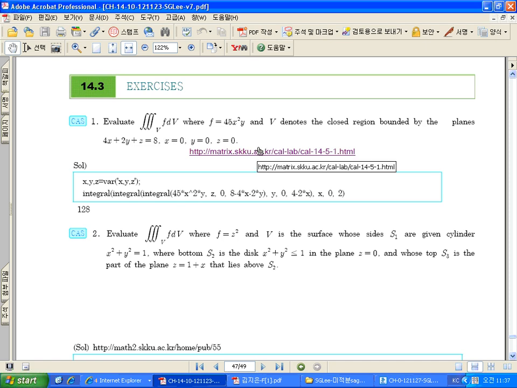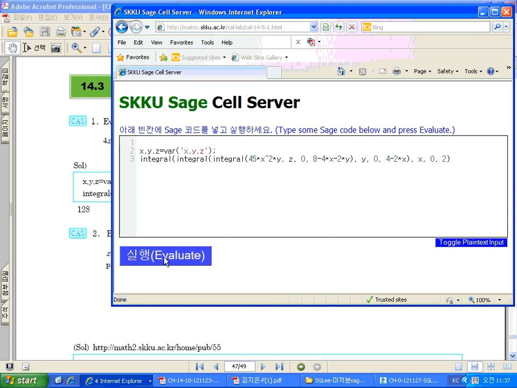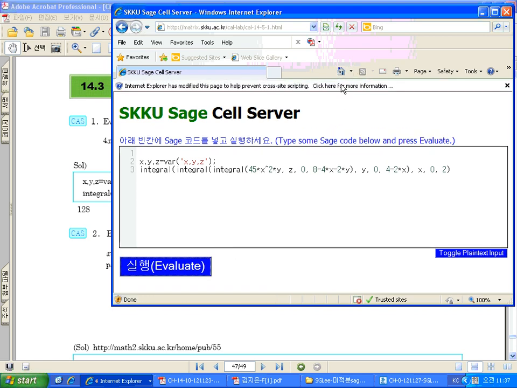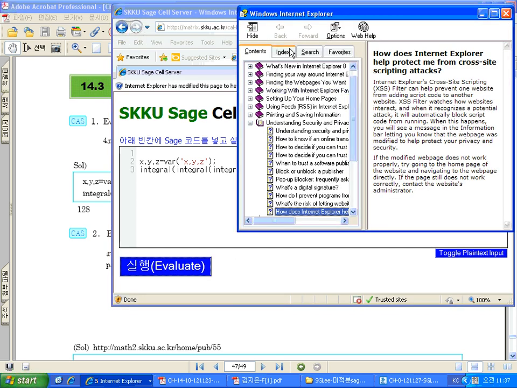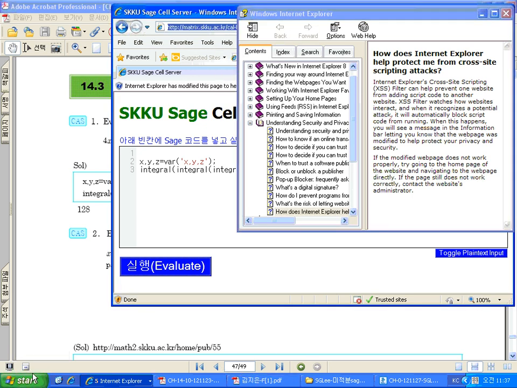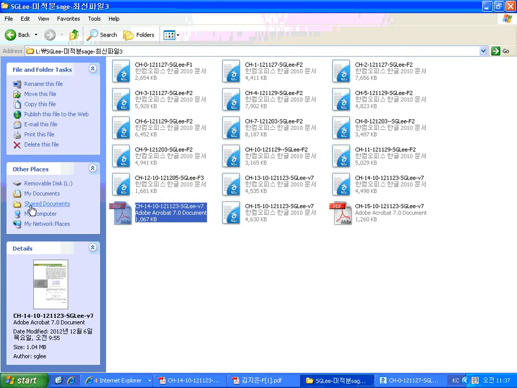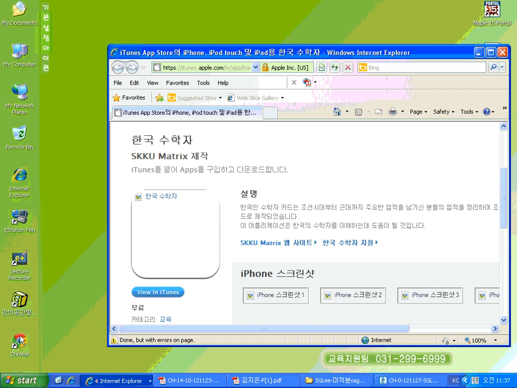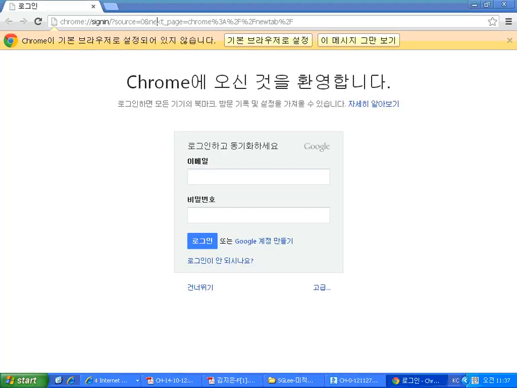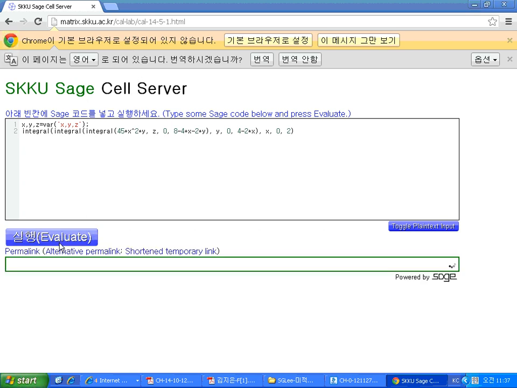Now, you know how to integrate it, then you can get help from the server to do these double integrals. So I want to copy and do it at Chrome. Here, if you want to do those triple or double integrals, then you can easily find the answer like this. What do you think?